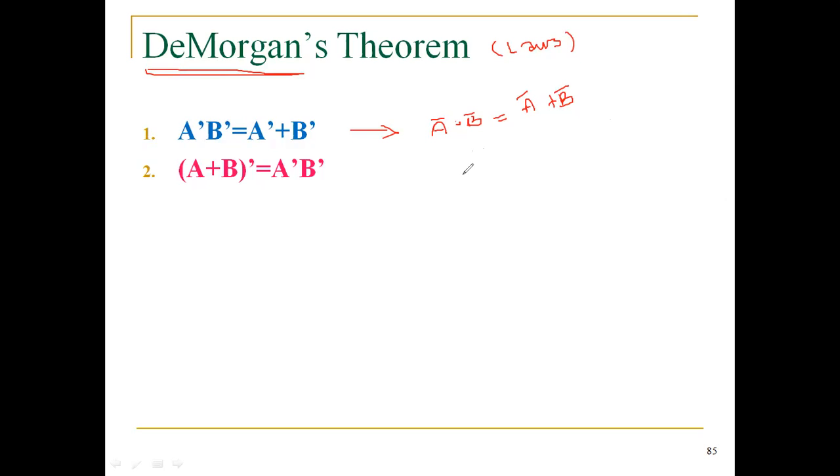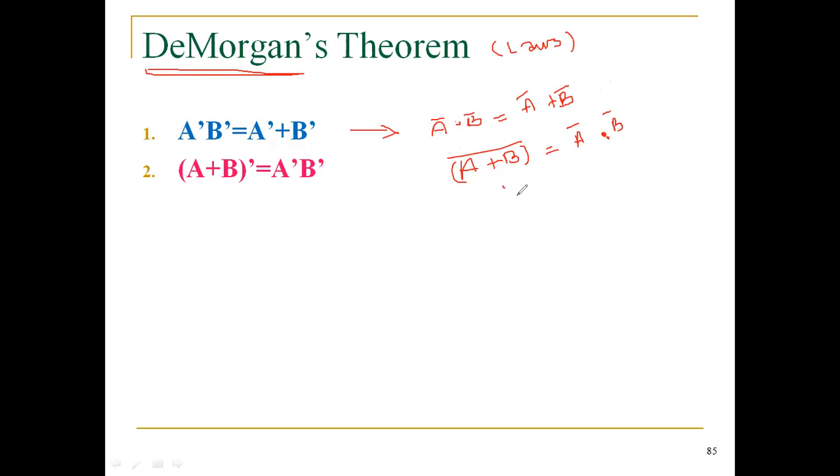Another one: (A plus B) whole bar equals A bar dot B bar. Listen, very important thing. The first law of De Morgan: (A dot B) whole bar equals A bar plus B bar. Second law: (A plus B) whole bar equals A bar dot B bar.